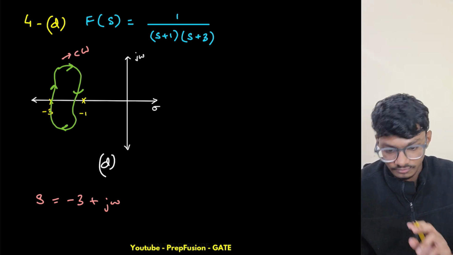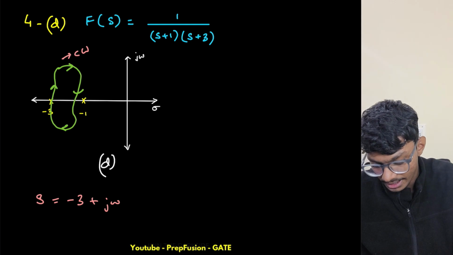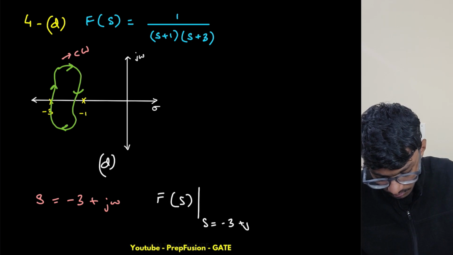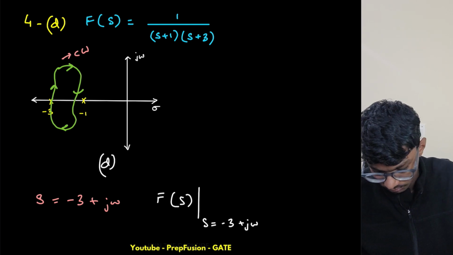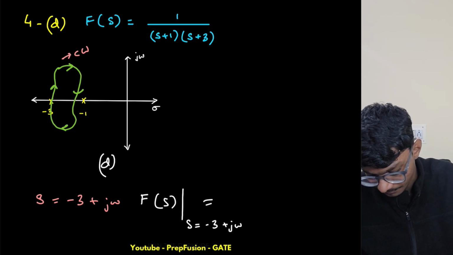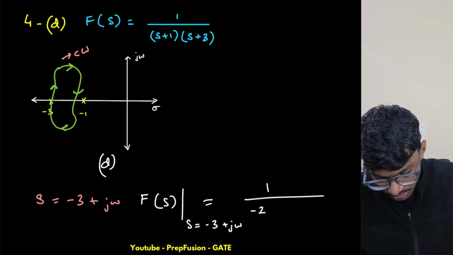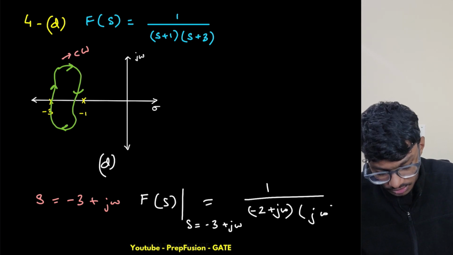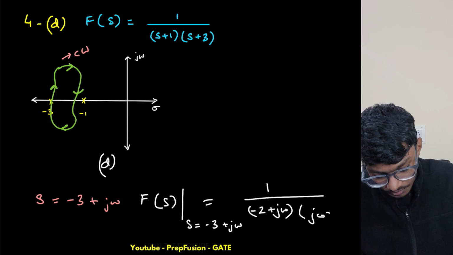If I put this in the f of s function, this becomes minus 2 plus j omega in the numerator, and j omega in the denominator.